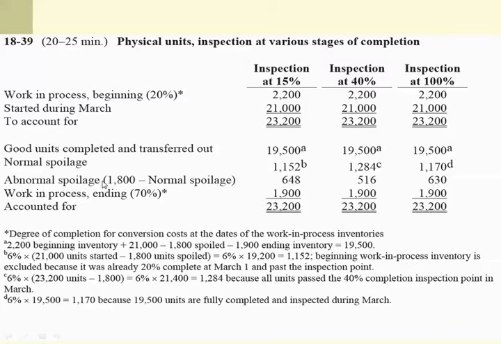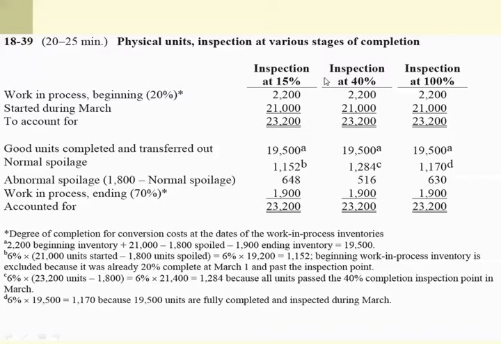Abnormal spoilage equals total spoilage 1,800 minus normal spoilage 1,152 equals 648 abnormal spoilage. Work in process ending given 1,900, so in total units accounted for 23,200.